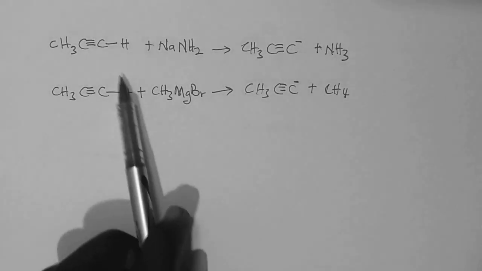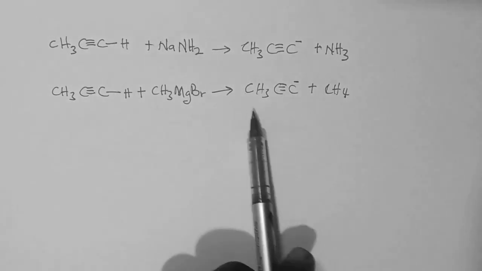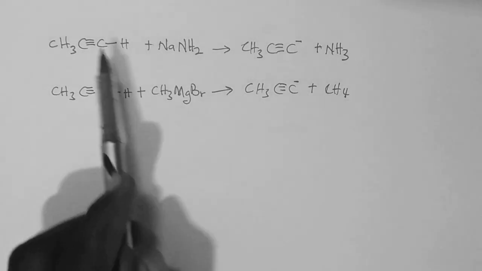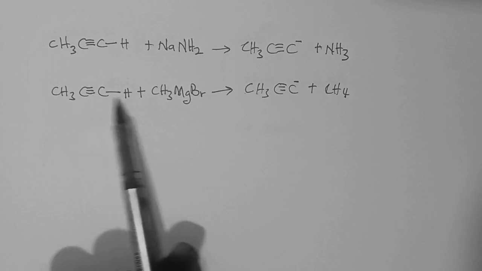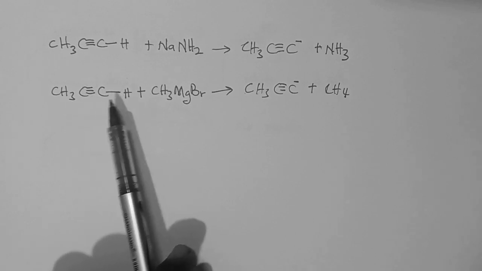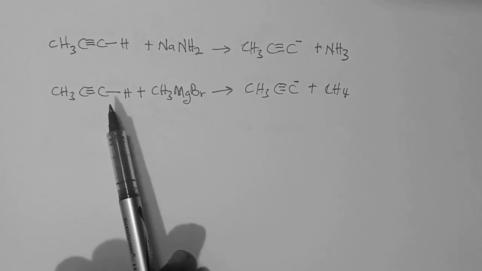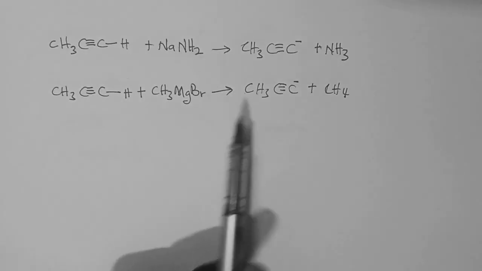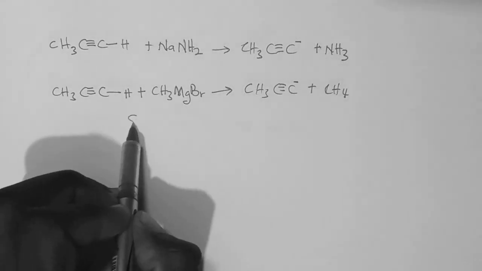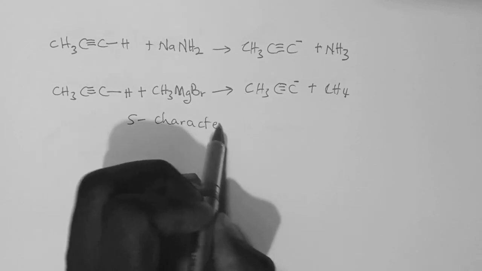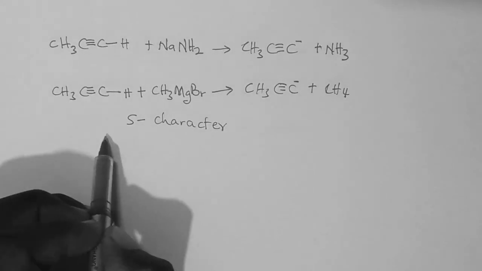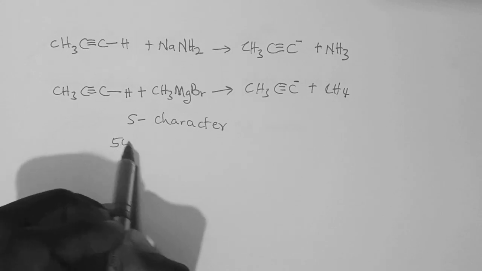Now, the driving force behind this reaction is that this proton is highly acidic. Why is the proton on a terminal alkyne highly acidic? The reason is the s character. In alkynes, with the carbon triple bond, the s character is 50%.